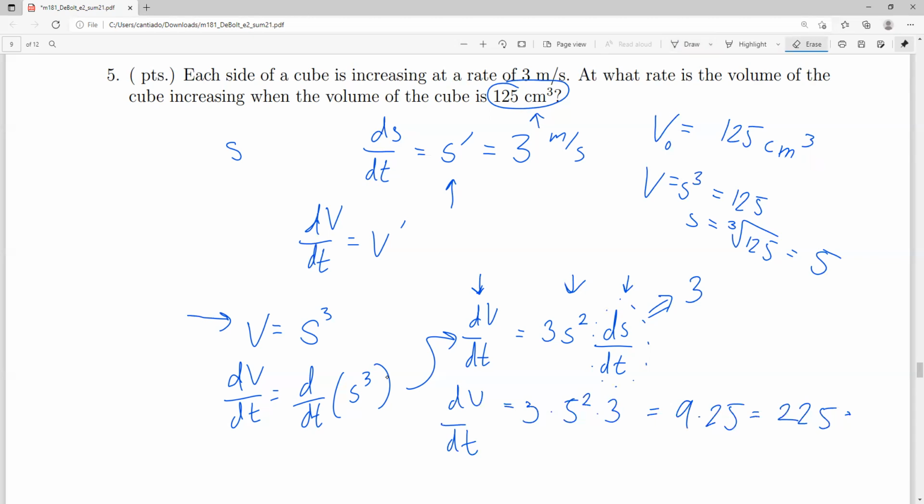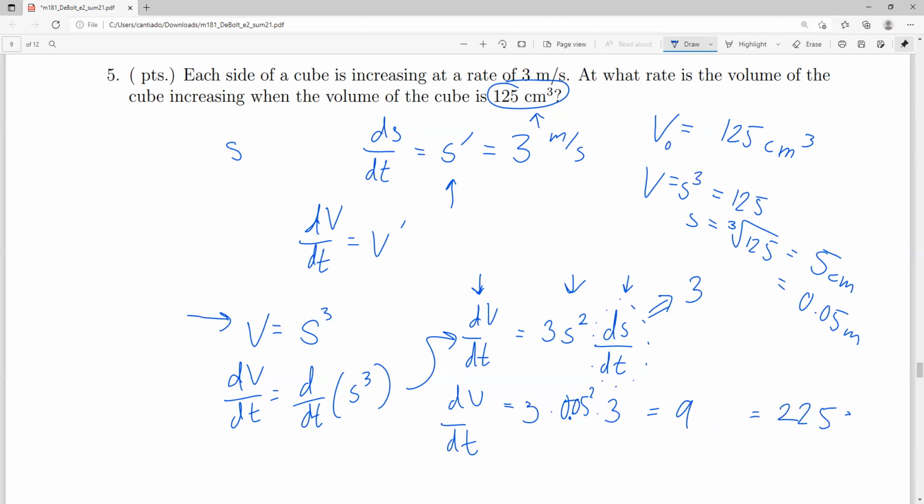Actually, no. So this is 5 centimeters. We need to convert that into meters, so this will be 0.05 meters. So rather than 5 squared, it's 0.05 squared. So it'll be 9 times 0.05 squared.